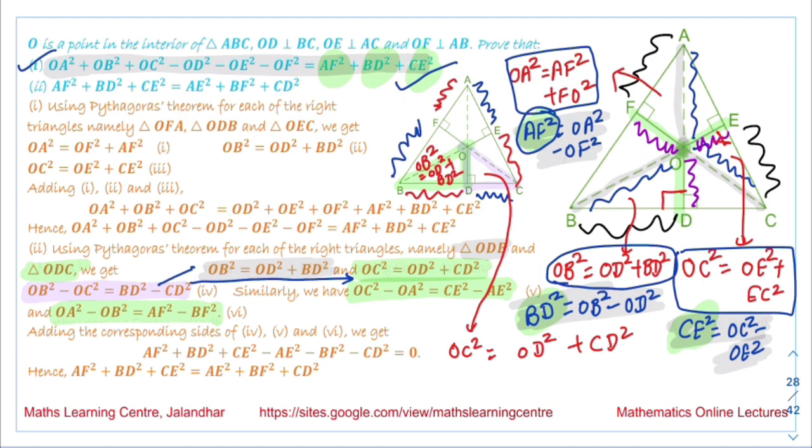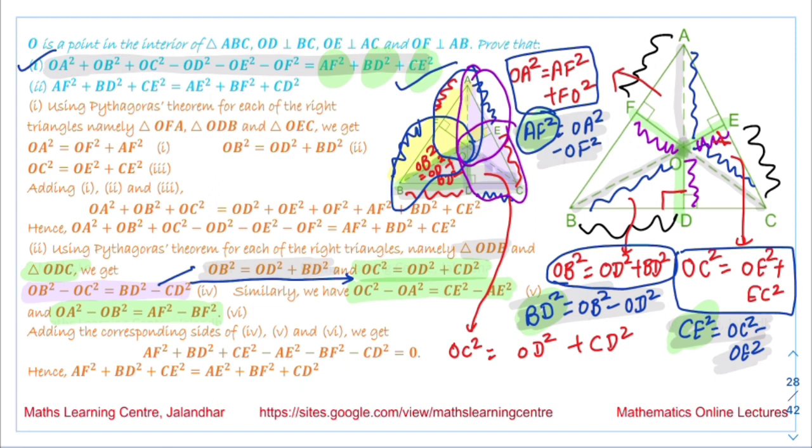We are saying in the first case we are considering these two triangles. I am marking it in the figure. In the second case we are considering these two triangles, and in the third case we are considering these two triangles. We are talking about the triangles AFO, OFB, then AOE and EOC.